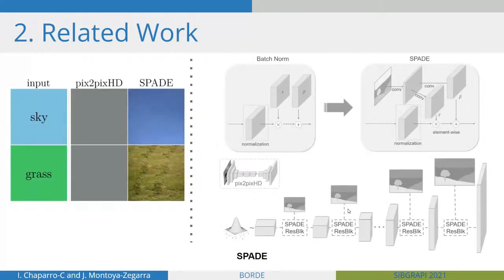In SPADE, the authors noticed that the normalization layers wash away the input semantic information. The authors propose using the input semantic map to denormalize or modulate the model activations through a normalization layer.